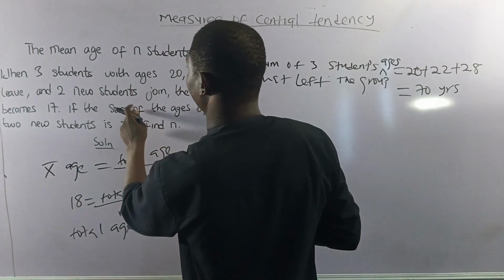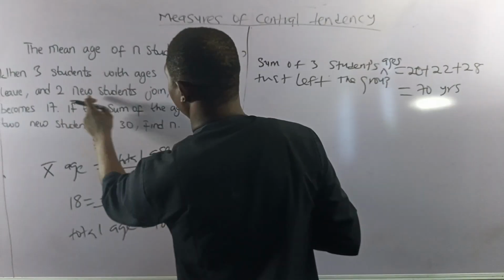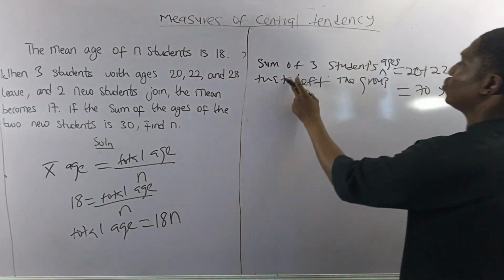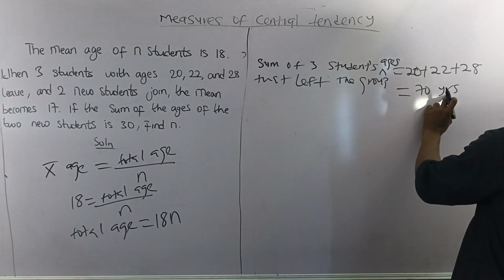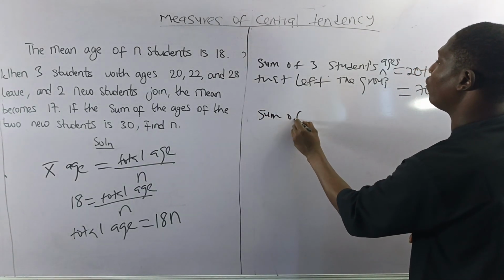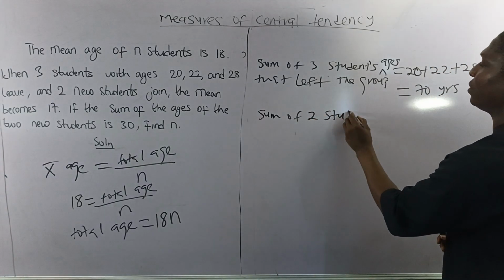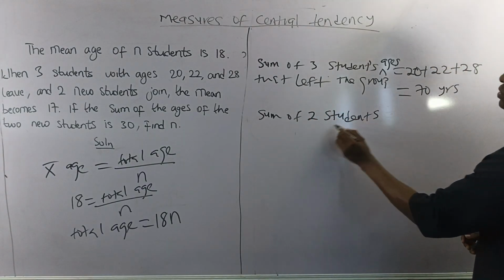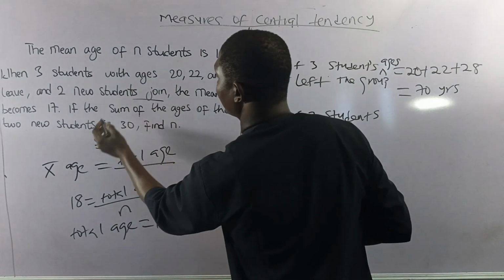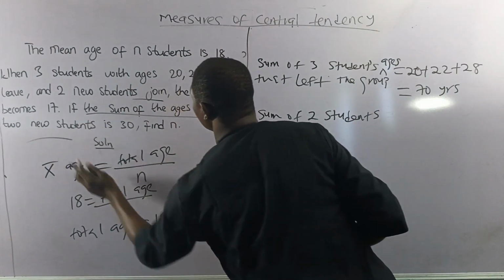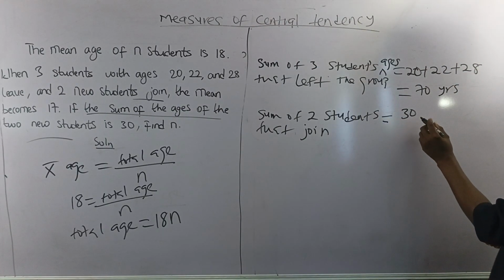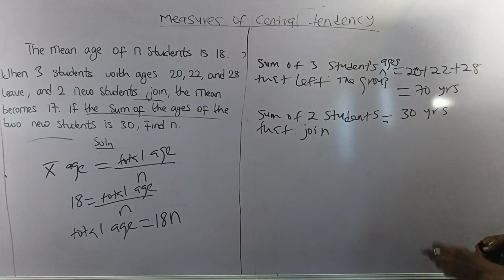Now, 2 students joined, and they also gave the sum of the ages of the 2 new students that joined, which is 30 years.